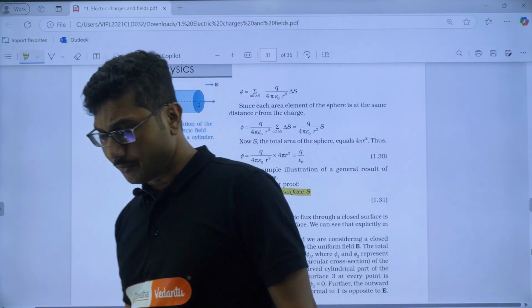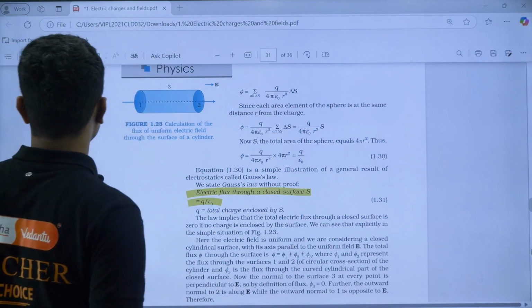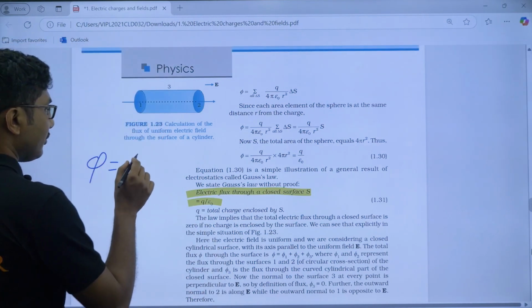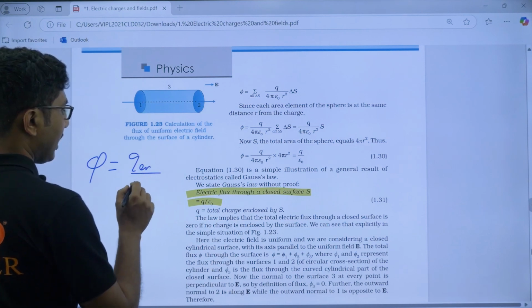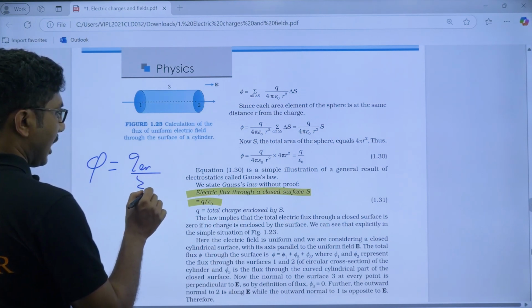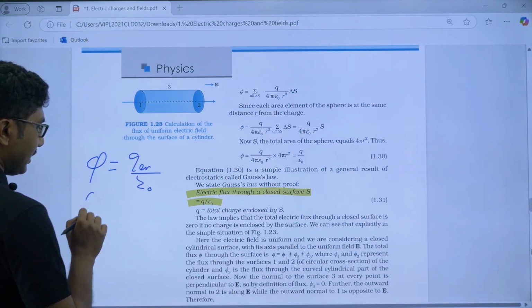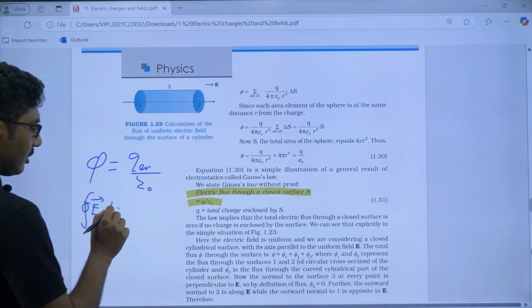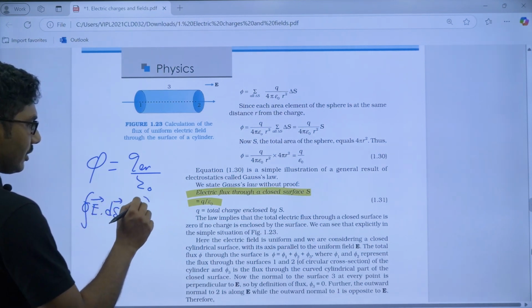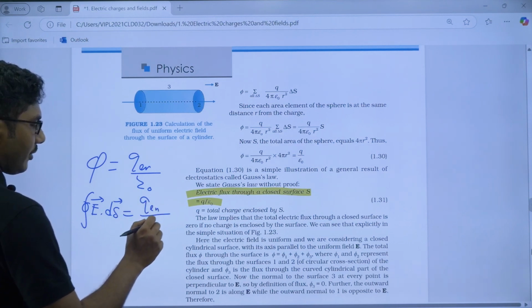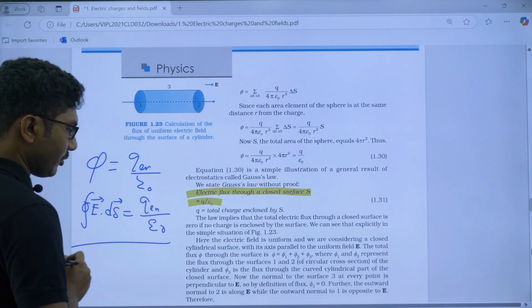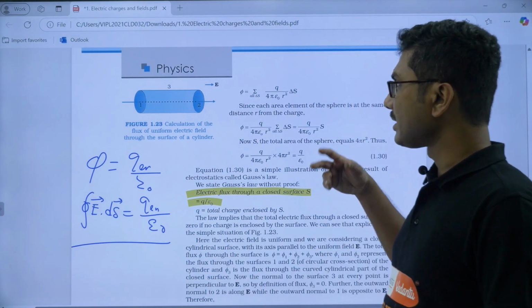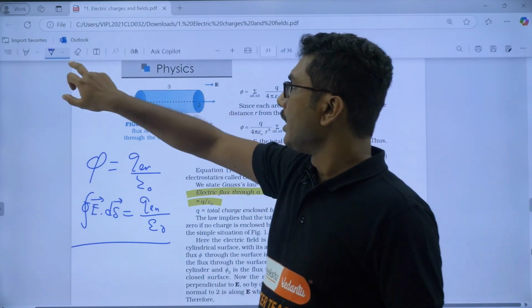And one more form that you have to remember for Gauss's law is flux equals Q enclosed by epsilon naught. And what is flux? Flux is basically the closed integral of E dot ds equals Q enclosed by epsilon naught. These two are forms of Gauss's law that you also have to remember. These two forms are not explicitly written, so that is why I gave them to you.